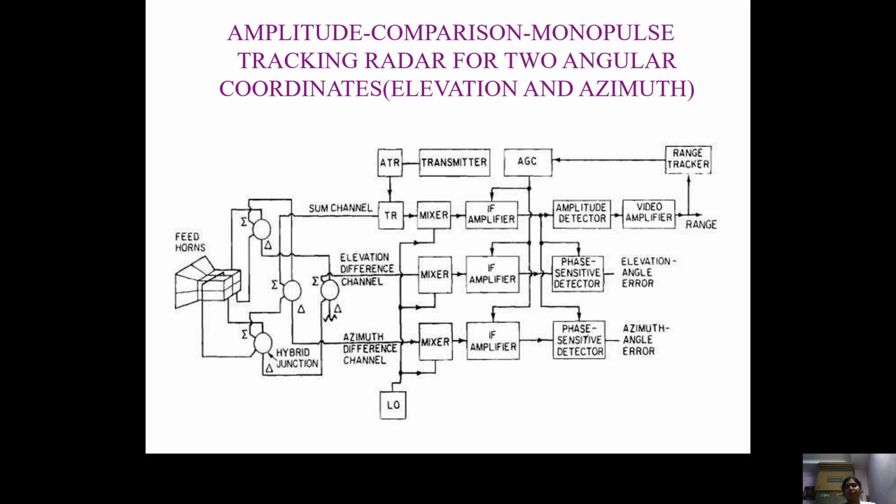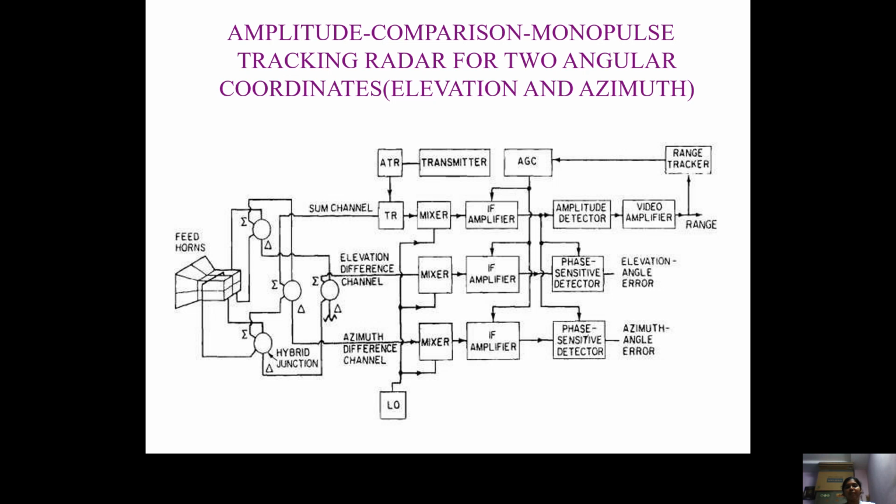Similarly, the difference pattern is available by subtracting the difference patterns. That is why we have four magic junctions to produce the sum and difference for two planes. As mentioned earlier, the sum channel is used for transmission, whereas on reception we use both sum and difference channels.